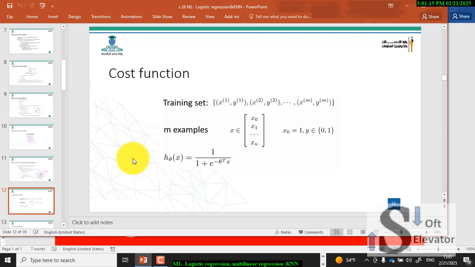The training set is x1, y1, x2, y2, and so on until x of m, y of m.